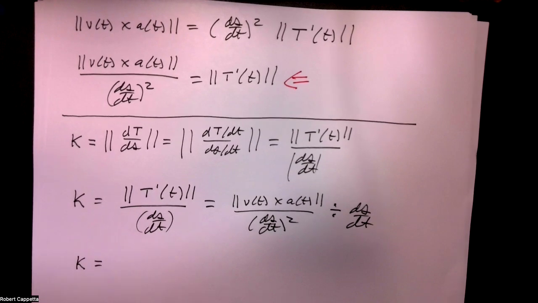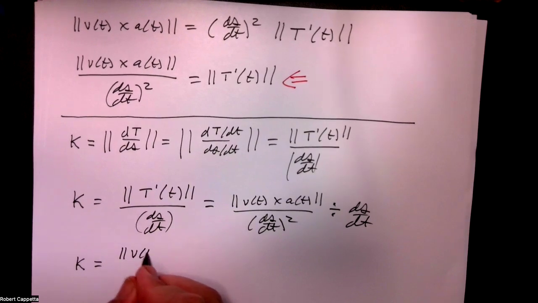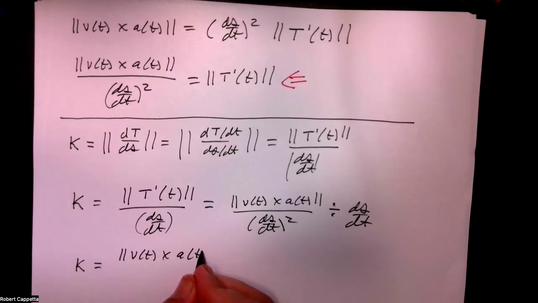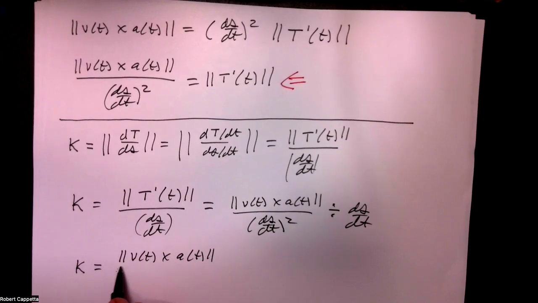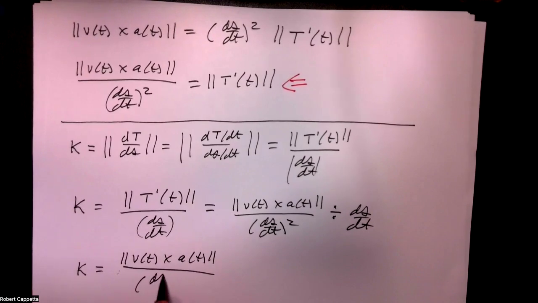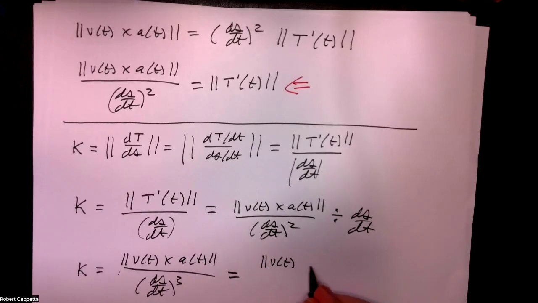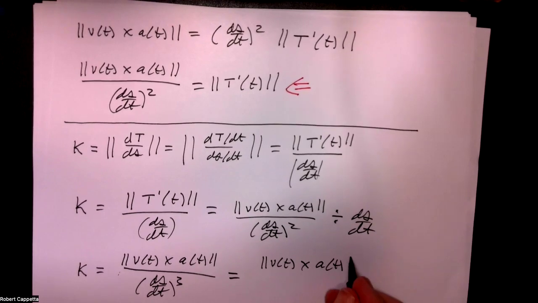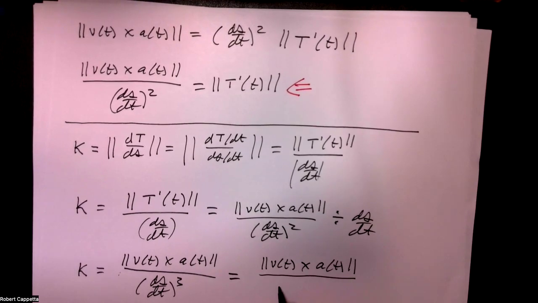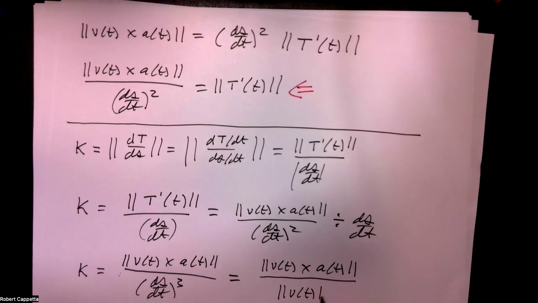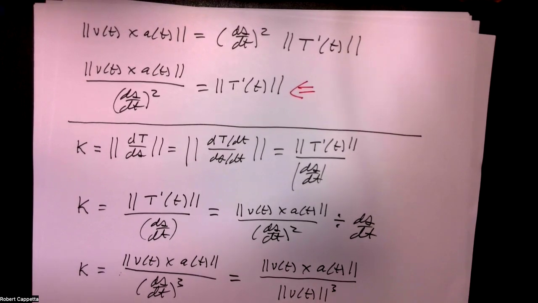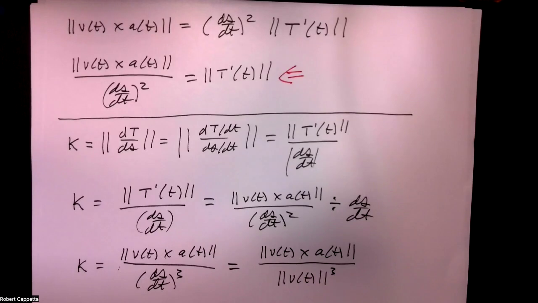So what does that give us? That gives us velocity cross acceleration divided by ds/dt cubed, which is a perfectly good formula, but I like to remember it this way. Velocity of t cross acceleration of t divided by the speed v of t cubed. That is our formula for finding the curvature using the cross product.